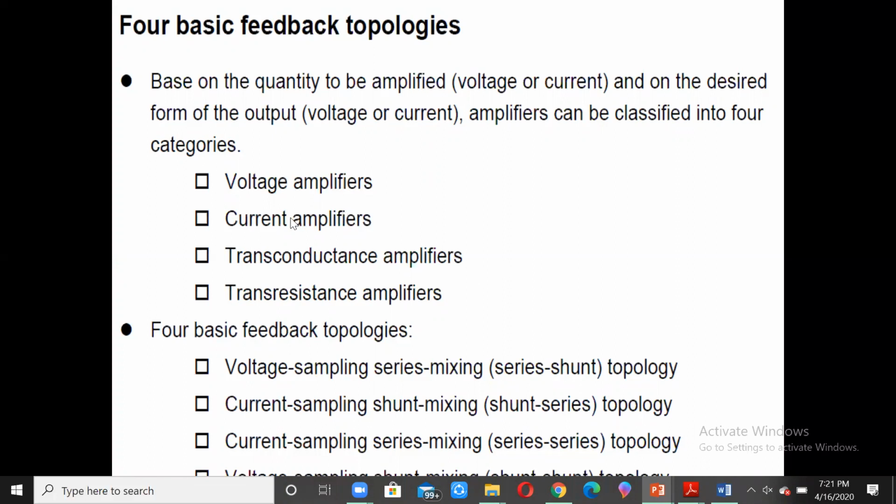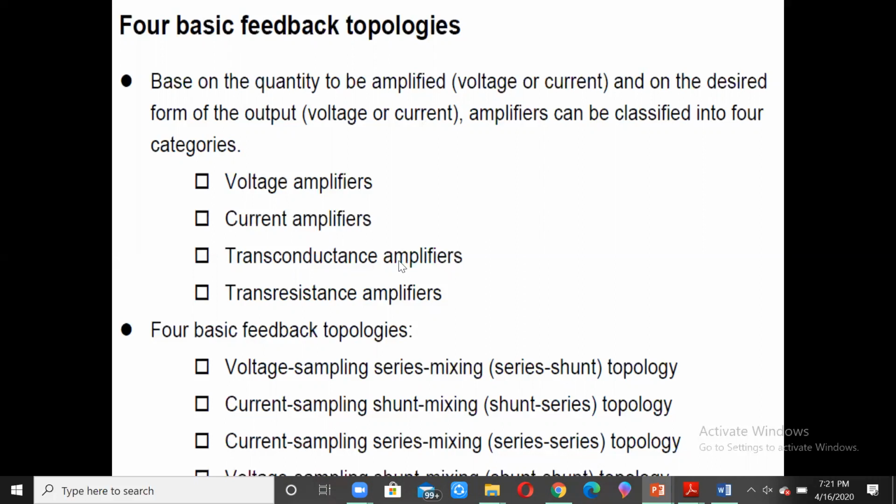Similarly, we have the current amplifier, where the input and the output are both currents, and that corresponds to the basic feedback topology of current sampling and shunt mixing, which is shunt series topology.